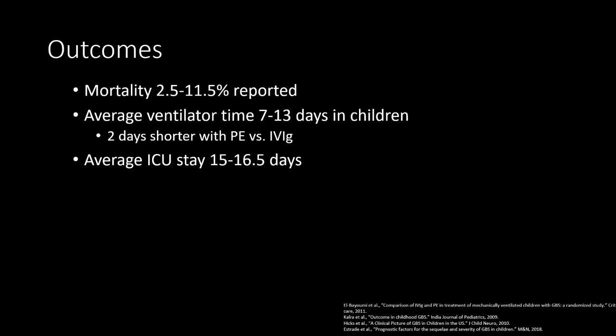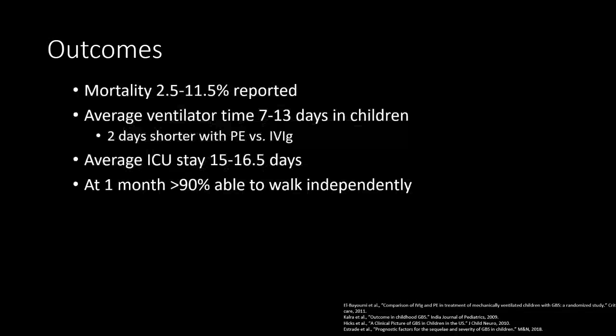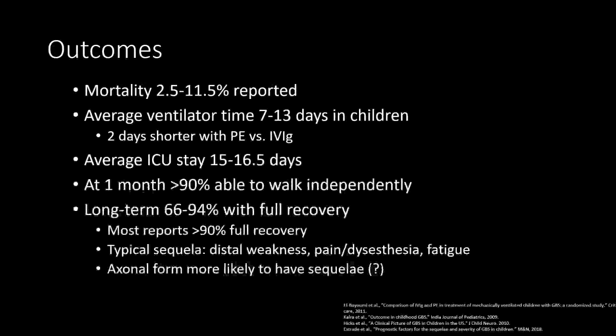On average, patients who require admission to the ICU are there for a little more than two weeks. But at 1 month, across studies, more than 90% are walking. So overall, very good prognosis.